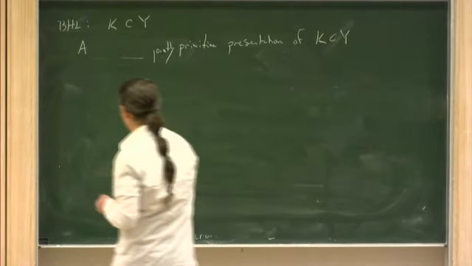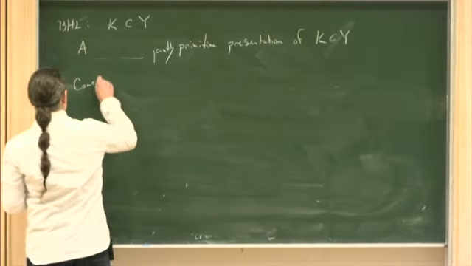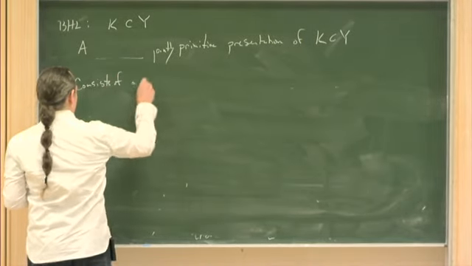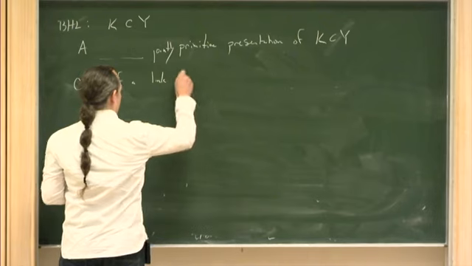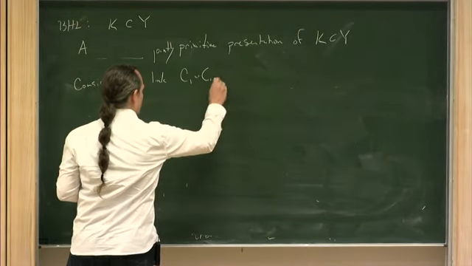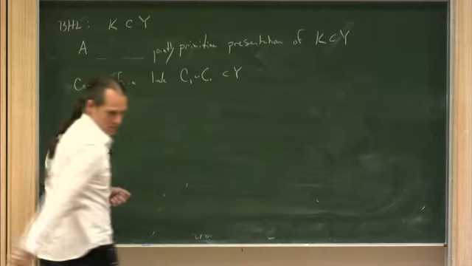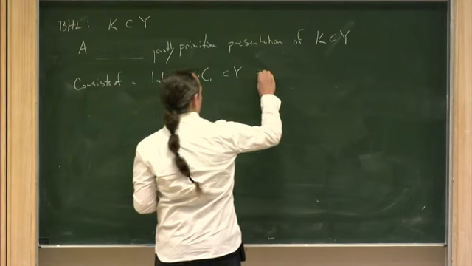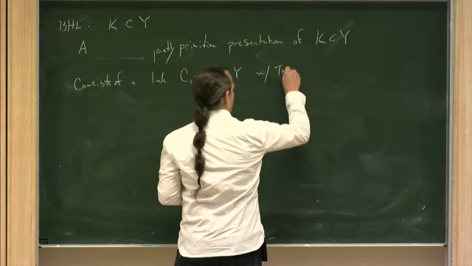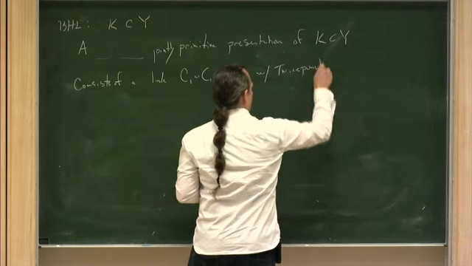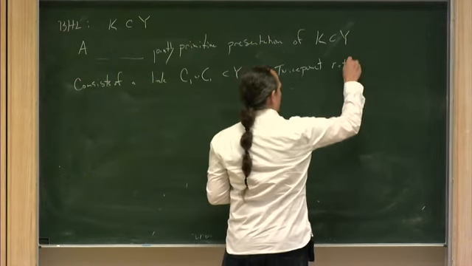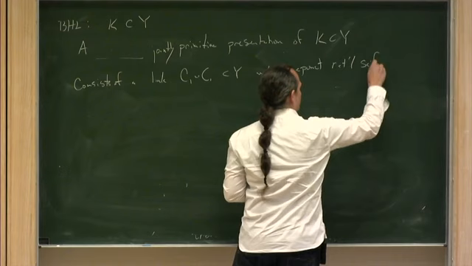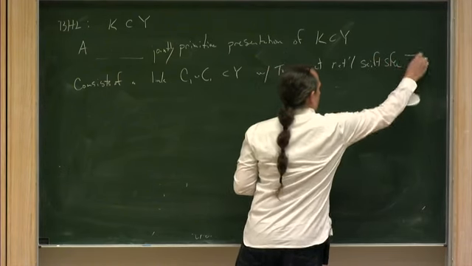Well, this consists of a link C1 union C2 in Y together with a twice punctured rational Seifert surface, sigma.